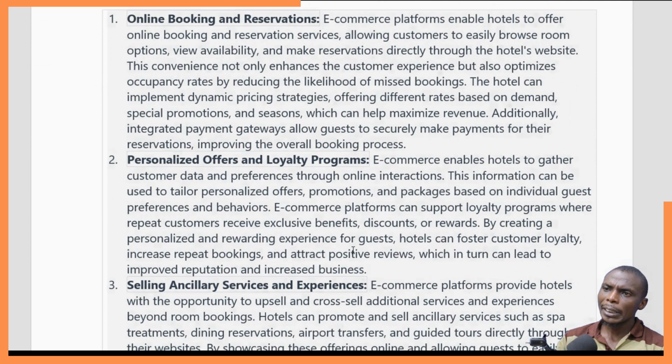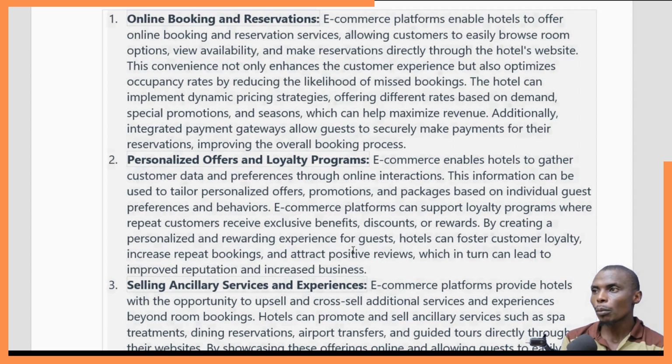Then question C says, explain 3 ways in which e-commerce could be used to optimize business opportunities in large hotels. So we know that large hotels, as we have been told in that question, will necessitate their customers to book online or make what we call online reservations. So we can optimize the use of e-commerce by implementing online booking and reservation in these big hotels.